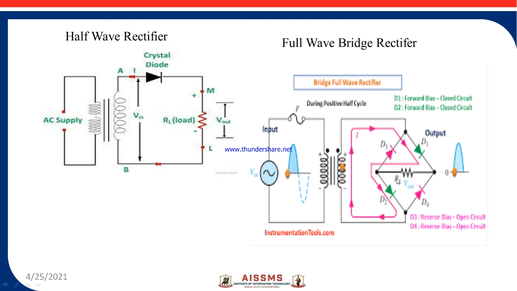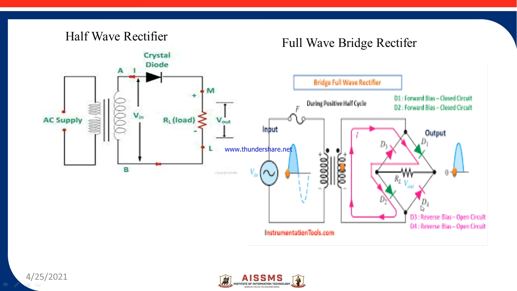Next we will see when the negative half of the cycle appears at the input. This point gets negative, whereas this point gets positive. Because the positive is connected to the anode of D4, D4 now becomes forward biased. Similarly, the negative potential connected to the cathode of D3 makes D3 forward biased.